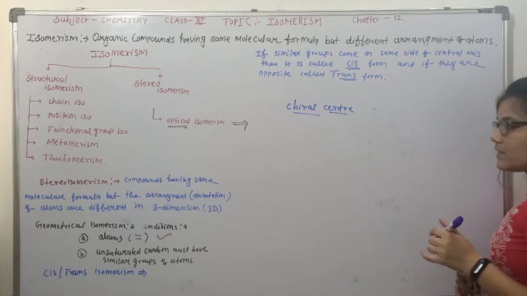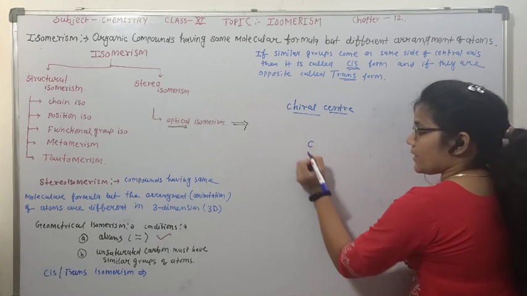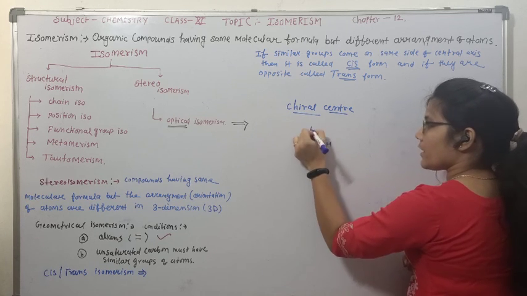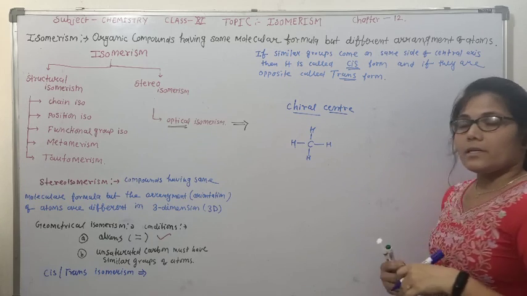What is a chiral center? We know every carbon is tetravalent.